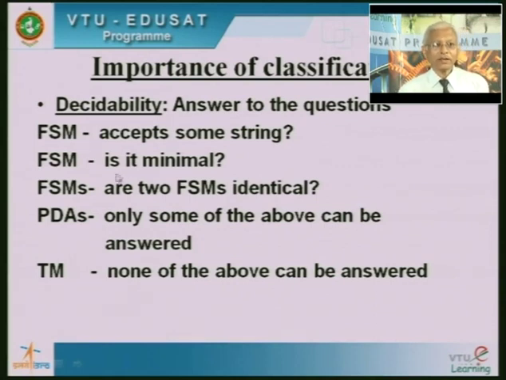This is where we want to understand the decidability problem; it gradually goes down. Here everything is decided, then some things cannot be decided, then none of them can be decided.